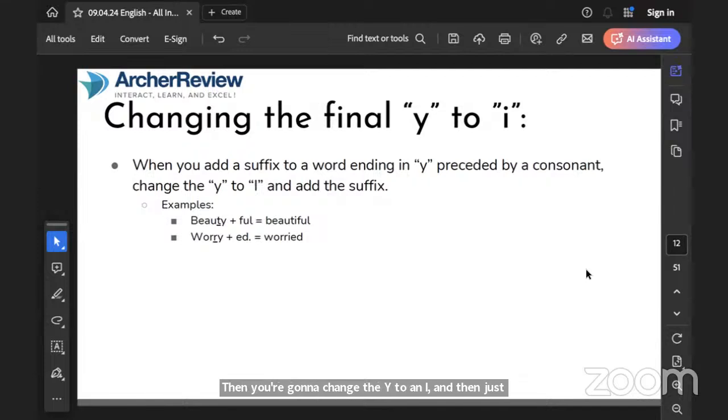What does that mean? Well, with the word beauty, for example, it ends in a Y, but remember, I'm going to have to look at the letter before it, and it's a consonant, T. So because I've got that consonant there, I'm going to drop the Y and change it to an I, and then add the suffix ful.